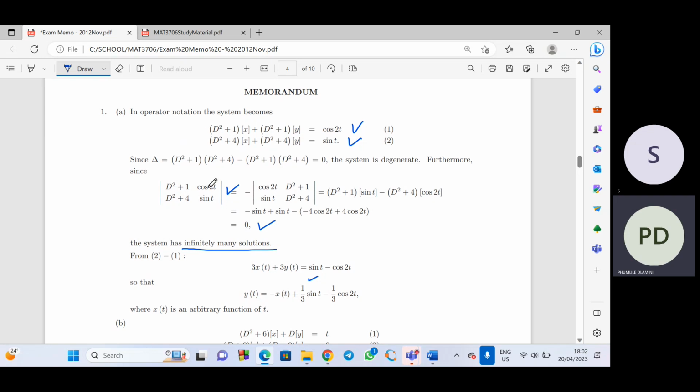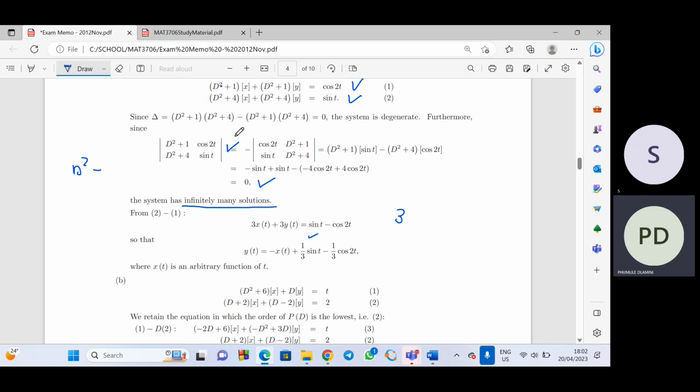Okay, let me just show you how it is. Remember, if you say d squared minus d squared, you're going to get 0. Do you understand it now? Yes, I understand. Then, because we are starting from 2, d squared minus d squared is going to give you 0. 4 minus 1 is going to give you 3, and there is x.